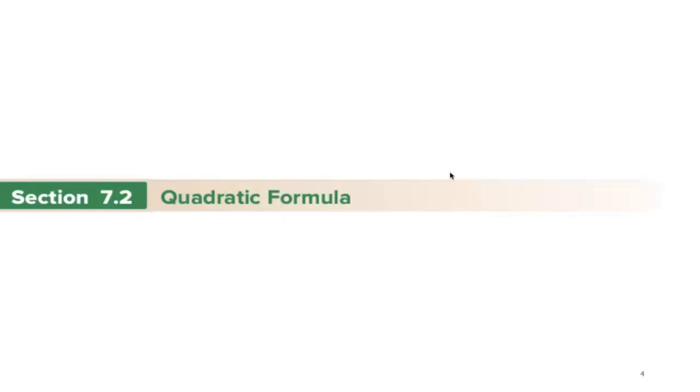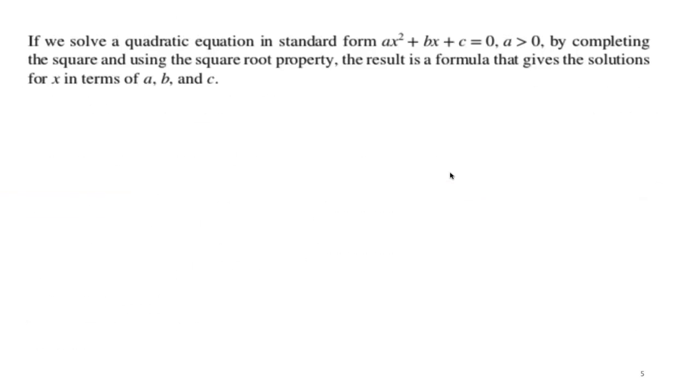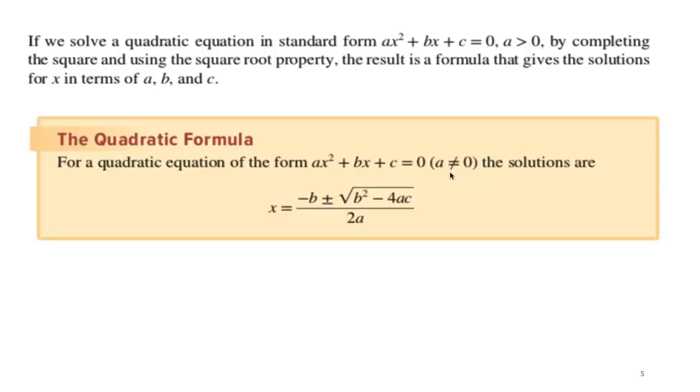Okay, the quadratic formula. In the last lecture, we talked about how to solve a quadratic equation by completing the square. We saw that was kind of a tedious process, and so we'd like to avoid doing it for every single problem. We won't go into detail of how this works, but the quadratic formula is derived from completing the square.